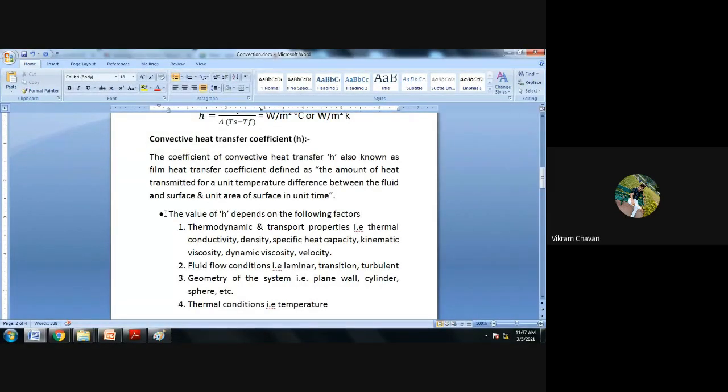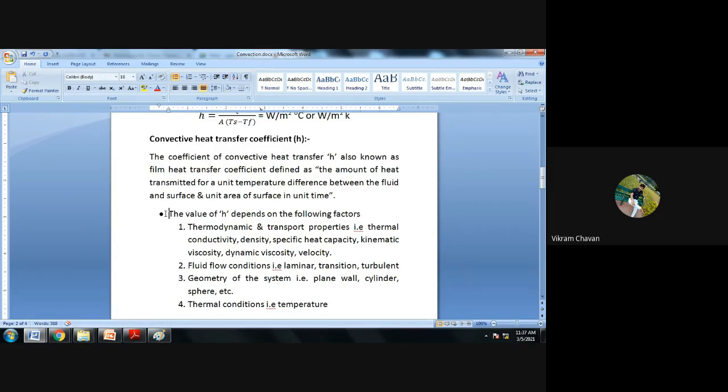Okay, so the second factor is fluid flow conditions. That is nothing but whether the flow is laminar, transition, or turbulent.